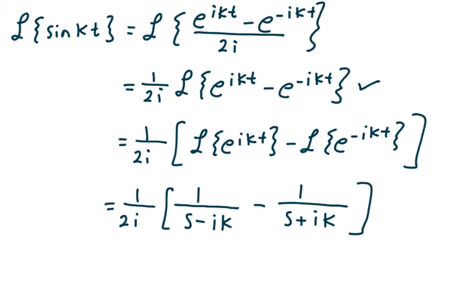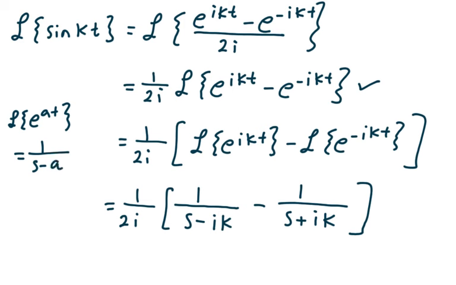So again, it's 1 over 2i times the quantity, the Laplace transform of e to the ikt minus the Laplace transform of e to the negative ikt. But we already know the Laplace transform of e to the at. Remember, the Laplace transform of e to the at is 1 over s minus a.